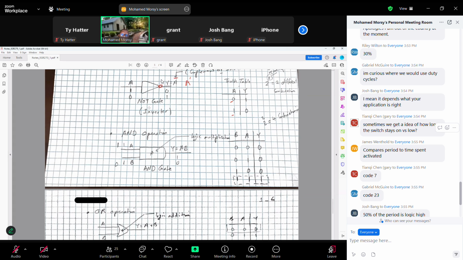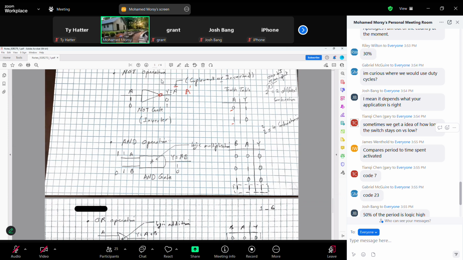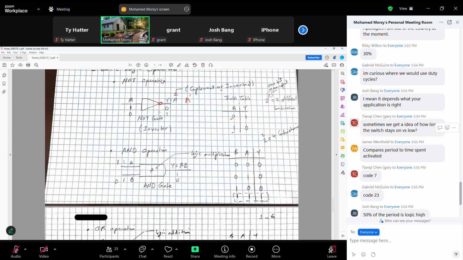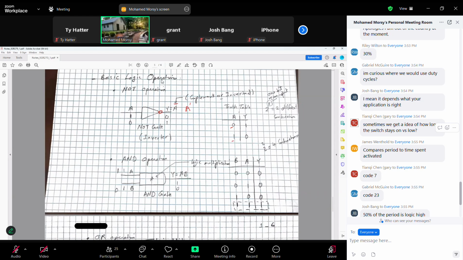All other gates can have 2 or more inputs, but still we have one output. Most likely it is 2, but if it is an expandable gate, the inputs can be more than 2. Okay, before we go to the AND operation, let me talk a little more about this inverter.